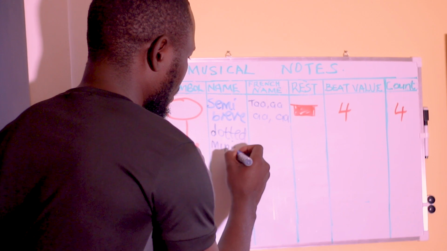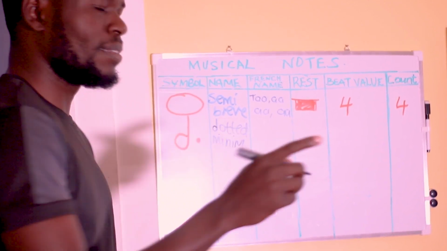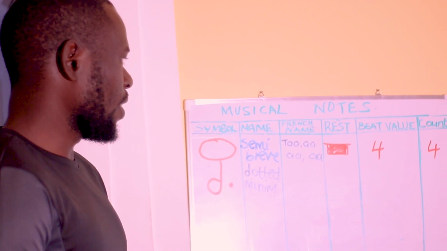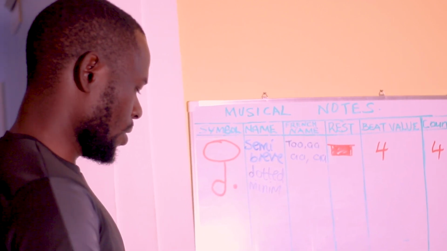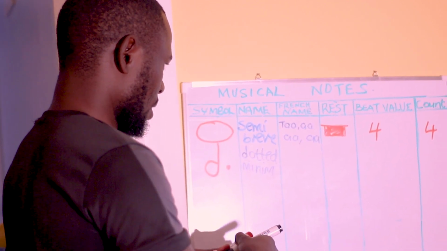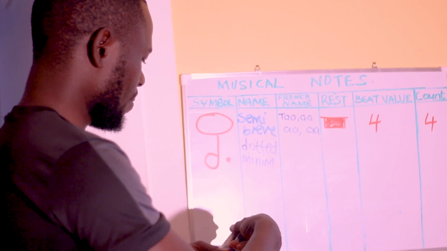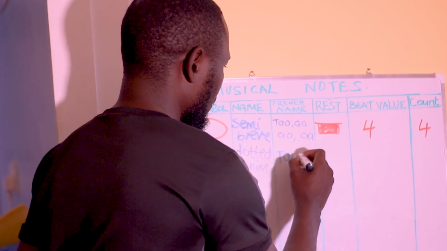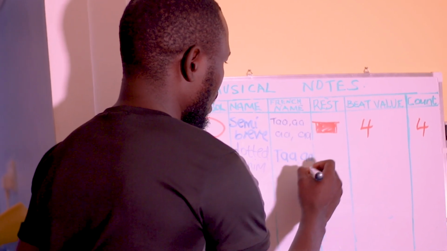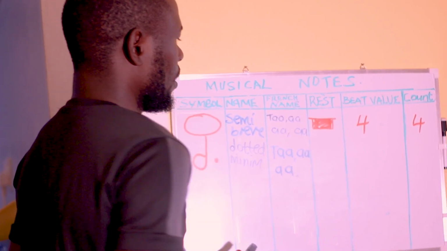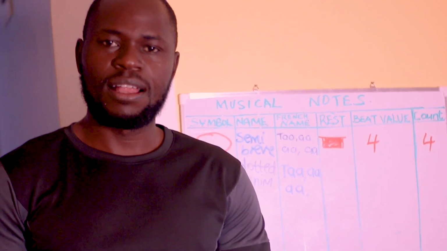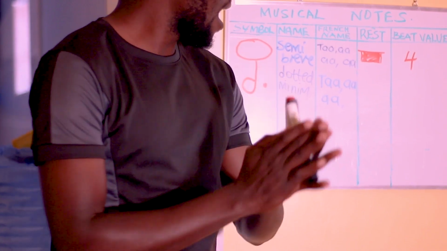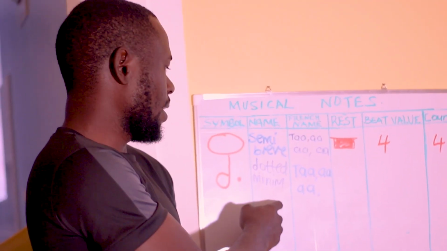The name is dotted minim, a minim with a dot. What about the French name? The French name will be ta, ta, ta. That is dotted minim.